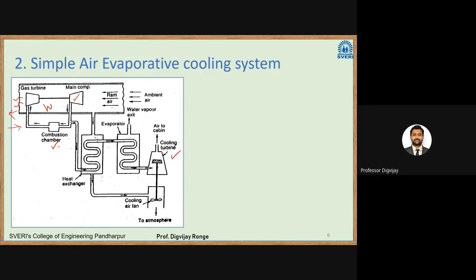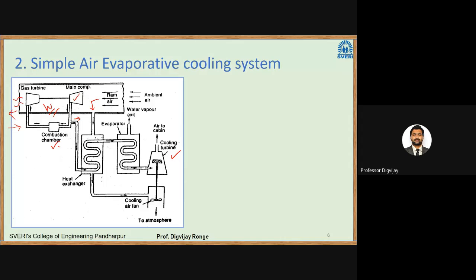In this case, some part of the ram air is used for the work producing purpose and some part is bled off. That term is very important, bleed off. Again, that air is passed to the heat exchanger. As in the simple air cooling system, this ram air, which is at very low pressure and low temperature, is used to cool this compressed air.